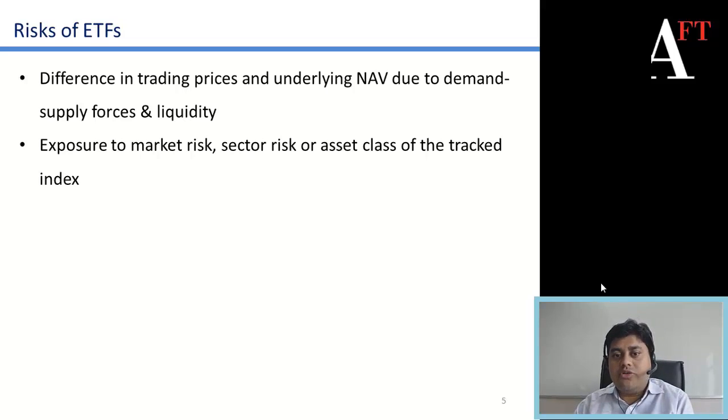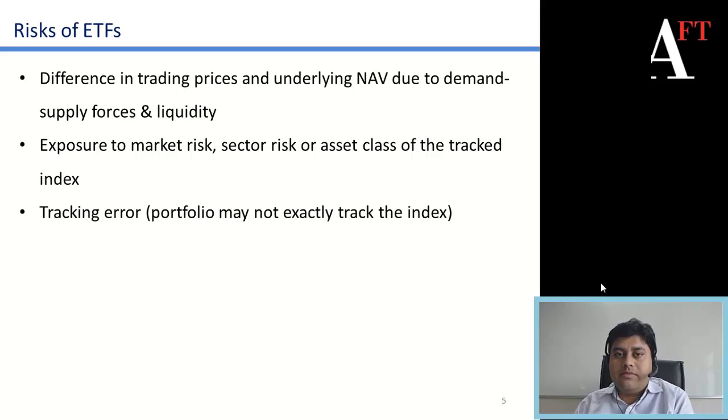Also, there is exposure to market risk, sector risk or asset class risk, based on which the ETF is performing or the benchmark index the ETF is tracking. So all the risk factors that affect the benchmark will also ultimately affect the ETF.